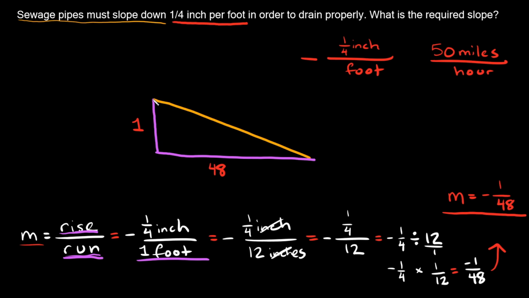For every foot you go down, you have to go over 48 feet, or for every 1 centimeter that you go down, you have to go over 48 centimeters. That's basically why there are no units on our slope, because it's a ratio, so you can throw your own units on there. But they have to be the same units on top and on the bottom.